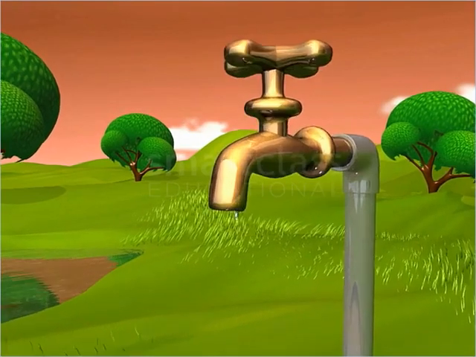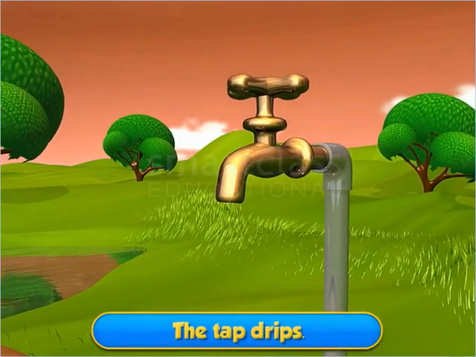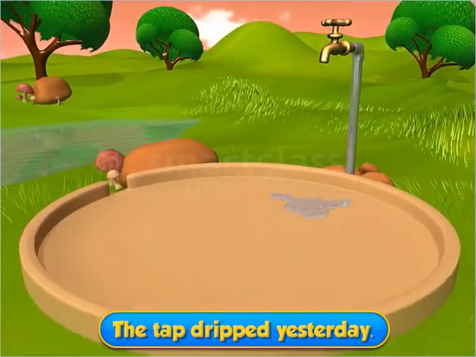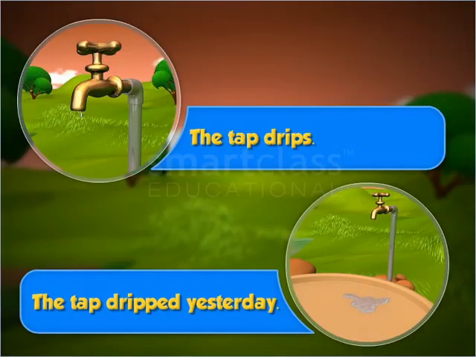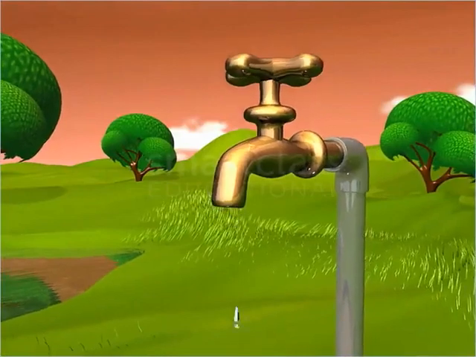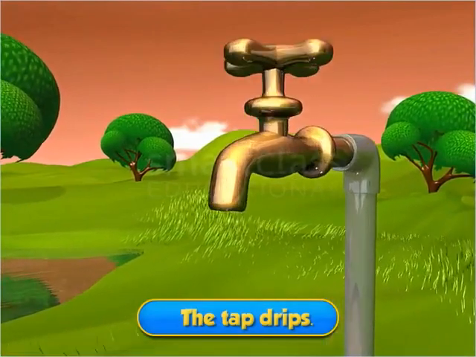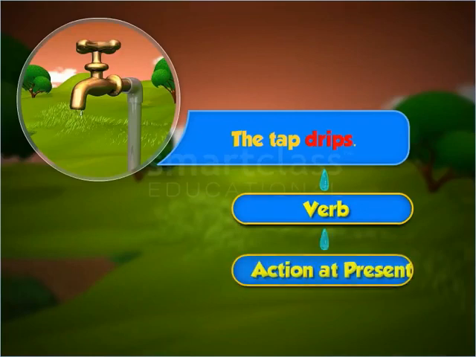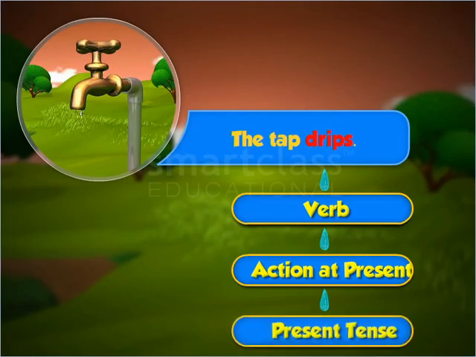Consider the sentences "The tap drips" and "The tap dripped yesterday." Can you identify the verbs in each of these? In the sentence, "The tap drips," the verb is drips. The verb drips refers to an action that occurs at present, so it is said to be in the present tense.